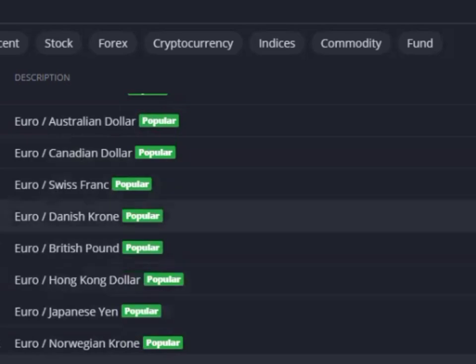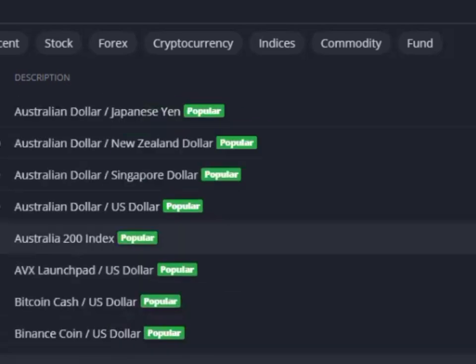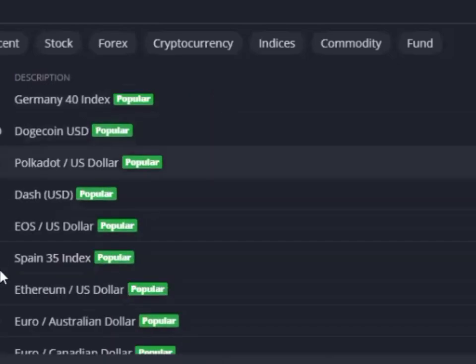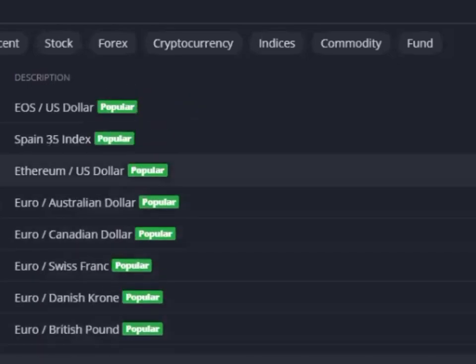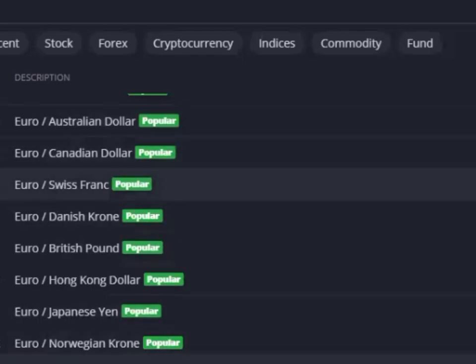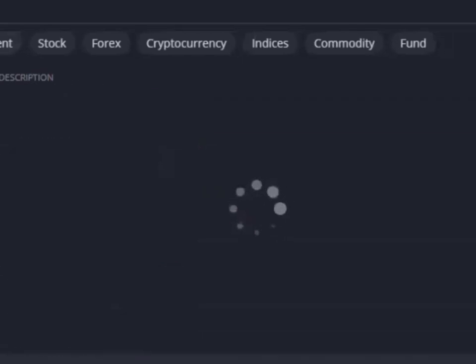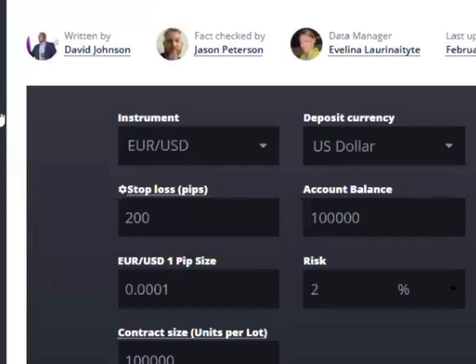EUR USD is one of my favorite pairs. So you can pick anyone you want to trade, and you just put it there. Let me search for it. EUR USD. So this is it.